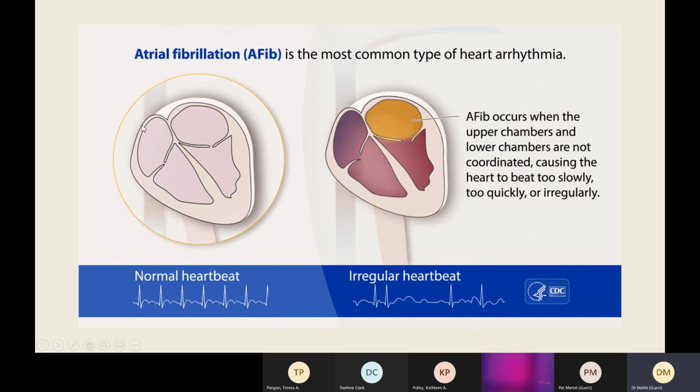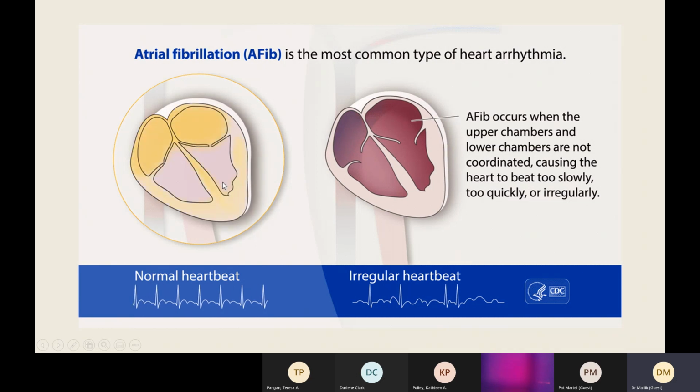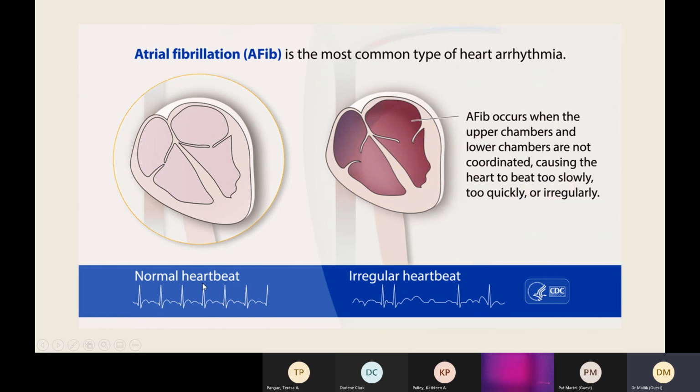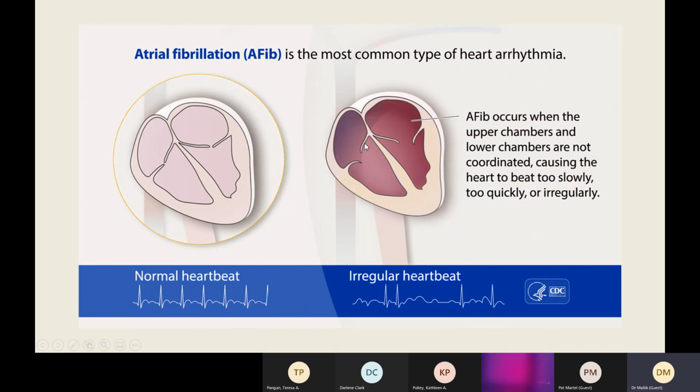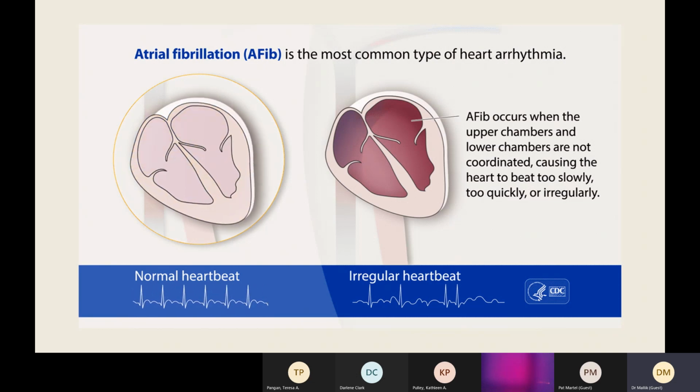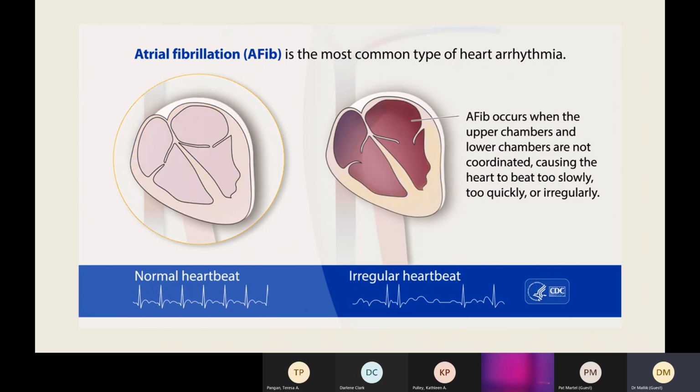The normal heartbeat starts in the right upper chamber and goes down to the two lower chambers, giving you an organized, synchronous heartbeat. In atrial fibrillation, instead of this organized electrical activity, the upper chambers beat in a very chaotic, irregular fashion, causing the heartbeat to be irregular.